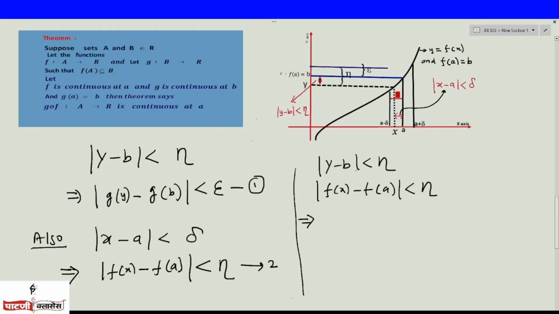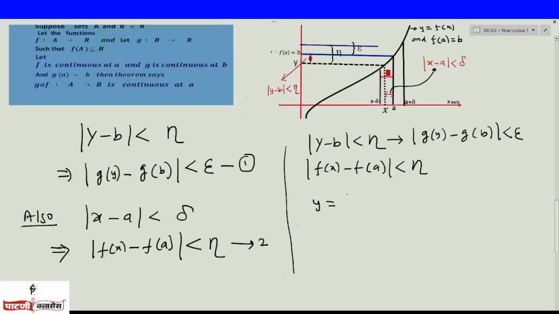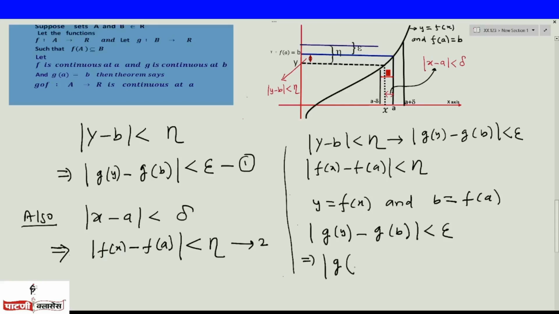Since modulus of y minus b less than eta provides modulus of g of y minus g of b less than epsilon, and since y equals f of x and b equals f of a, we have modulus of g of y minus g of b less than epsilon, which implies that in place of y I can write f of x, and in place of b I can write f of a, less than epsilon.